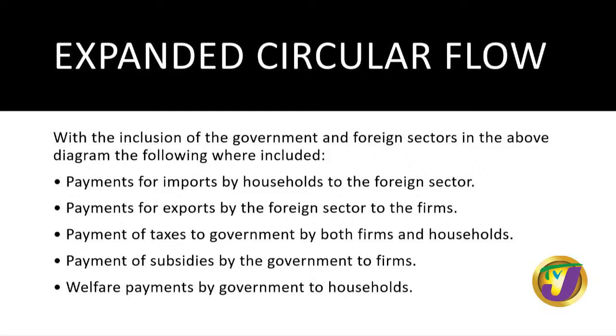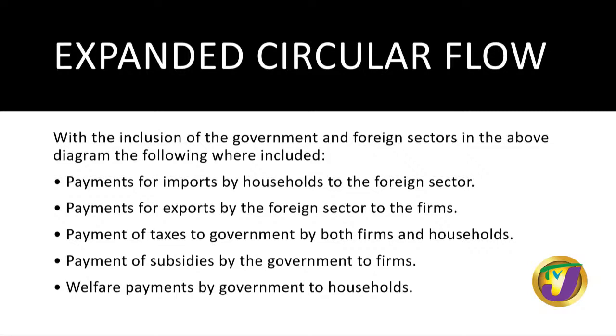In addition, we also have taxes, and taxes are paid by who in an economy, right? We know that firms pay taxes and households also pay taxes. So both agents will be paying taxes to the government. Now, in return, the government also provides assistance to both households and firms.